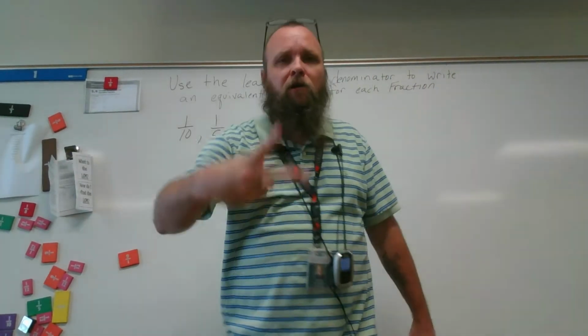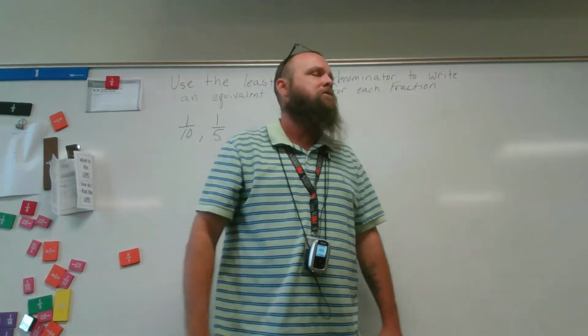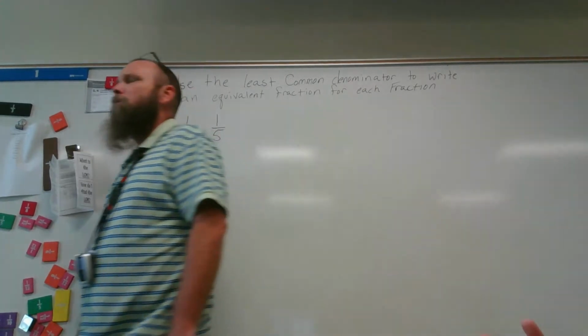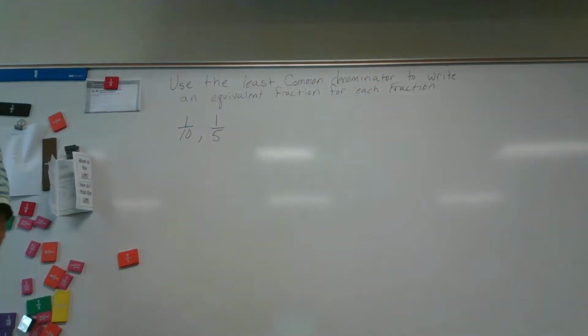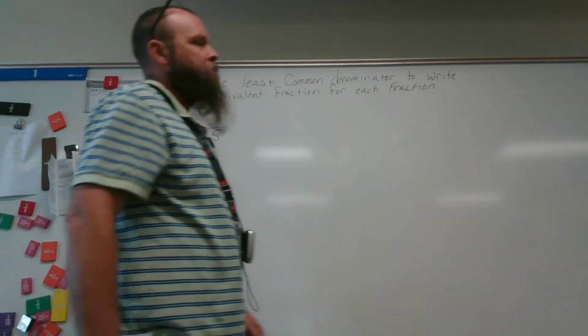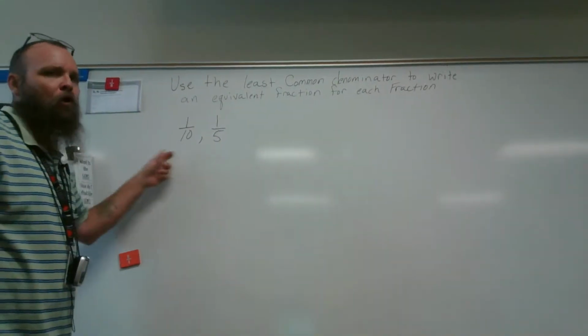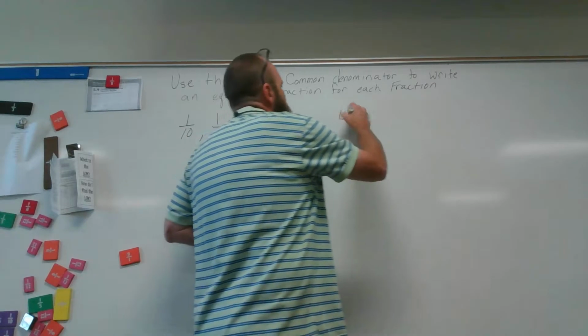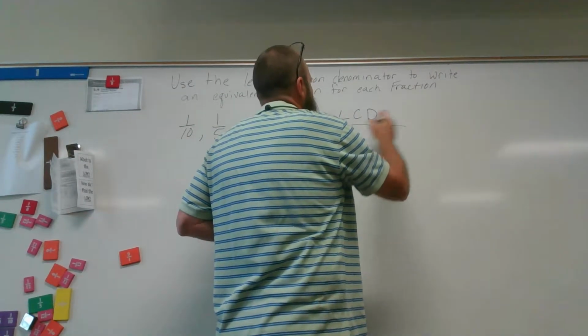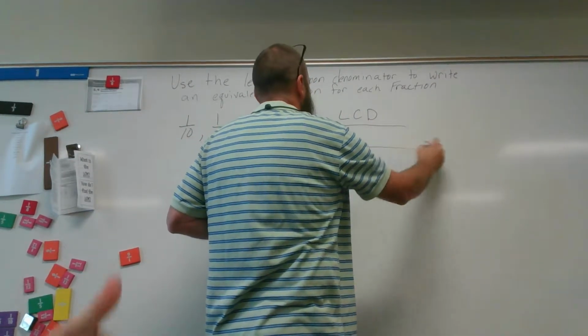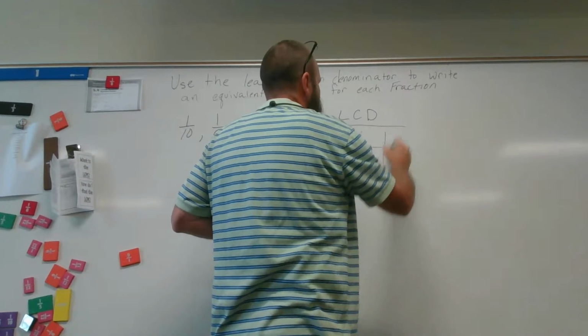We're going to find the least common denominator using the same strategy we used to find least common multiple, except this time we're only using the denominators. So our least common denominator of 10 and 5.